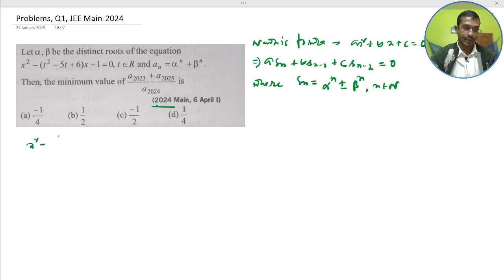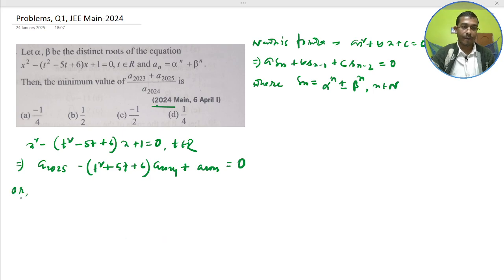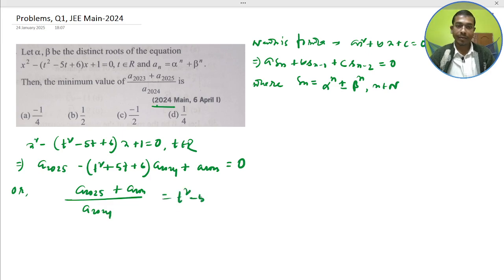So here x^2 - (t^2 - 5t + 6)x + 1 = 0, t belongs to R. Expressed by Newton's formula, a 2025 - (t^2 - 5t + 6) a 2024 + a 2023 = 0. Solving here, (a 2025 + a 2023)/a 2024 is equal to t^2 - 5t + 6.